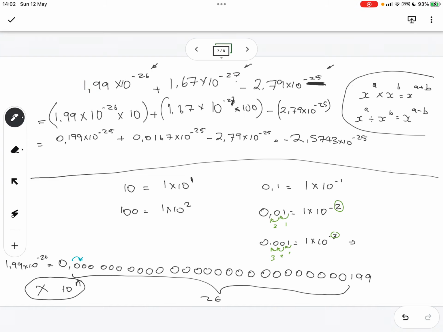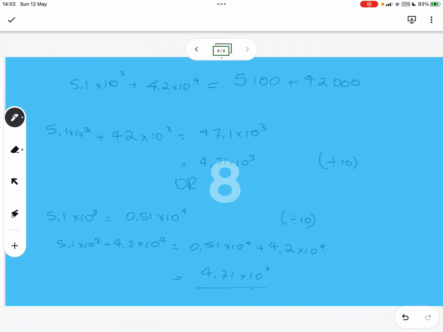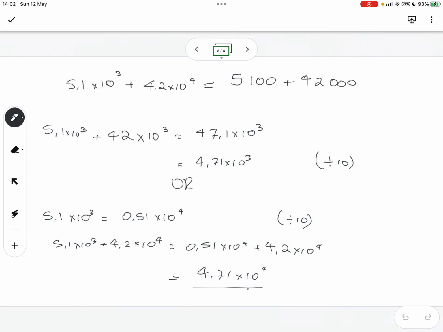And that gives us the 25s. And then to add positive ones, you can still apply the same principle. So we divide by 10 to get 4.71 times 10 to the 3. This is supposed to be a 4 here.